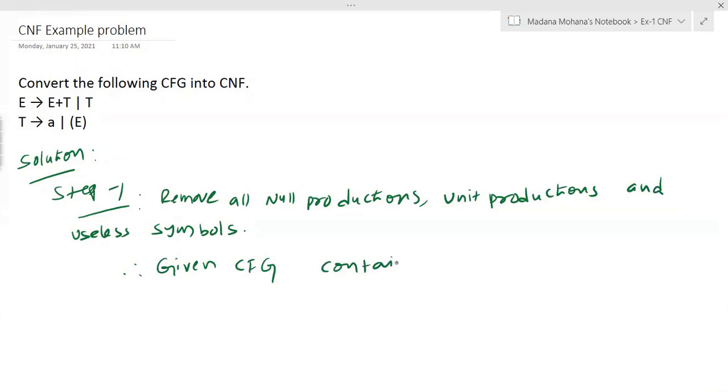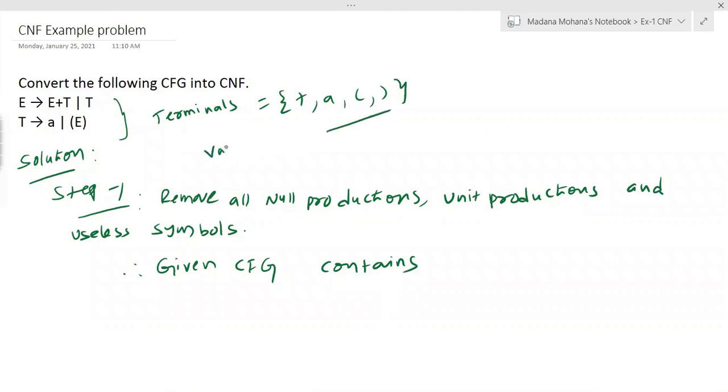See, there are no null productions. On the right hand side you don't have a null value in either of these two productions, that is E derives E plus T or T, and T derives a or E within parentheses. In the given grammar, the terminals are plus, small a, open brace and closed brace.